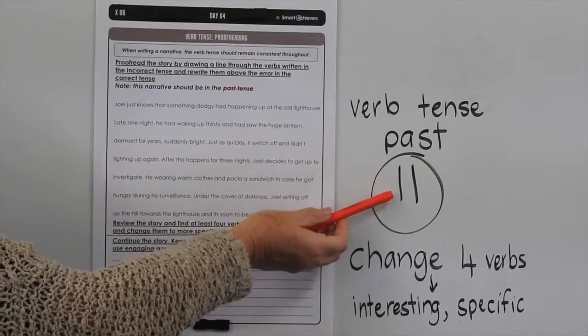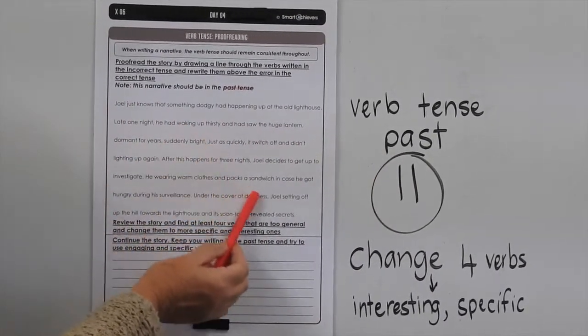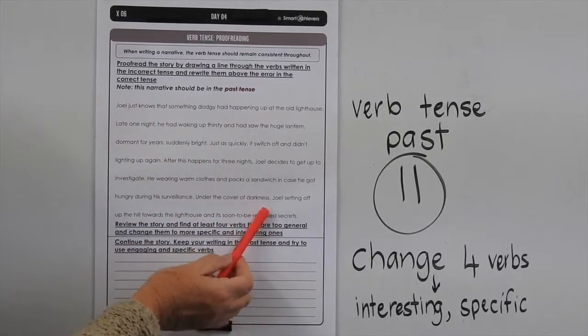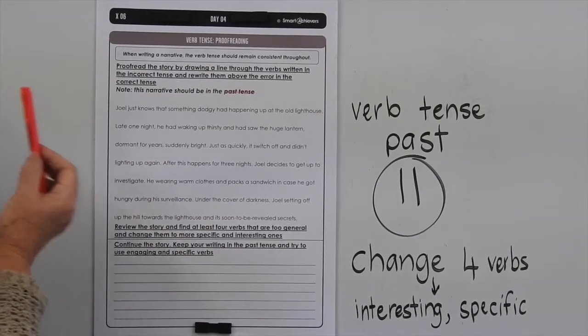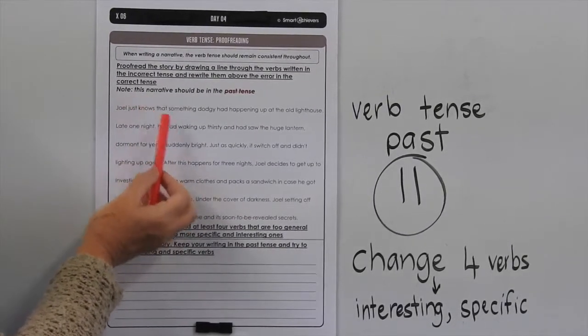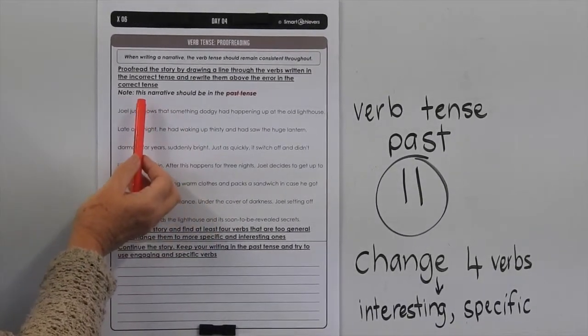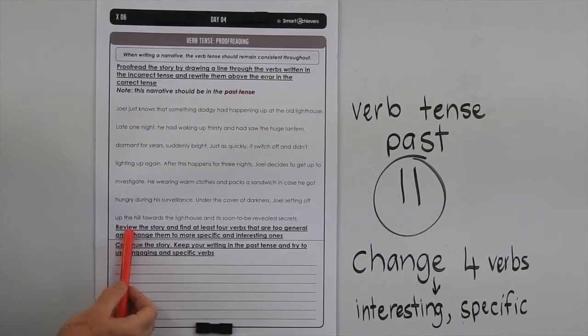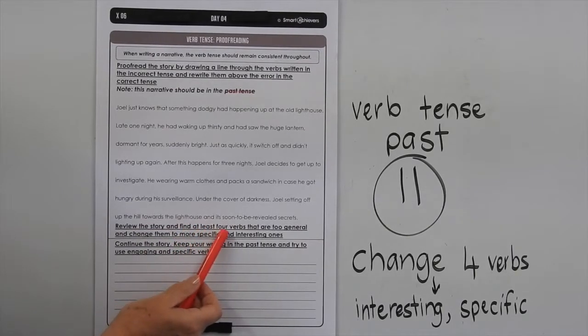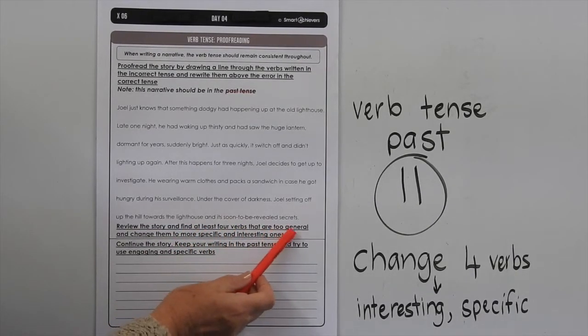Now there are 11 verbs in this narrative that are in the incorrect tense. So when you cross them out, write the correct form of the verb above the one you've just crossed out. Now down here we've written, review the story and find at least 4 verbs that are too general.